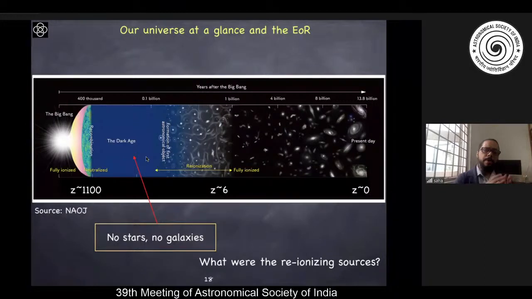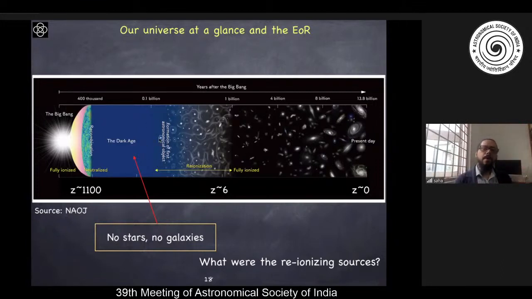As the universe cooled down from these phases, gravitational instability started becoming important, and the first stars and galaxies started forming. When they formed, they were probably emitting very high-energy extreme UV photons, which started reionizing the neutral hydrogen gas around.